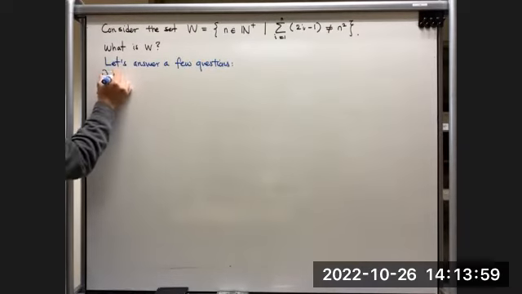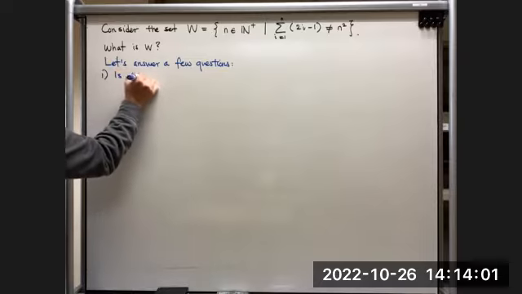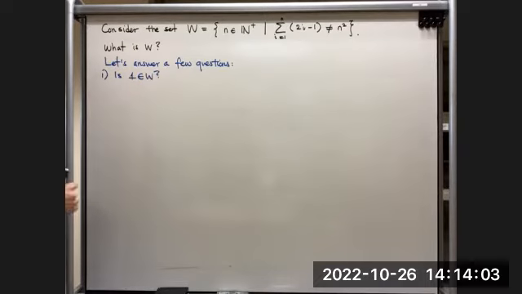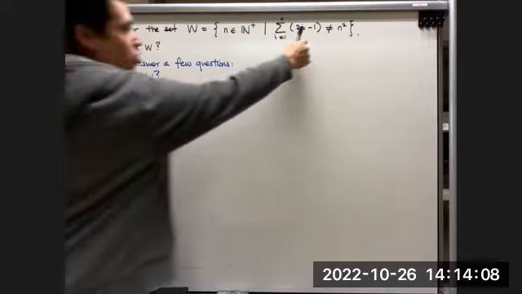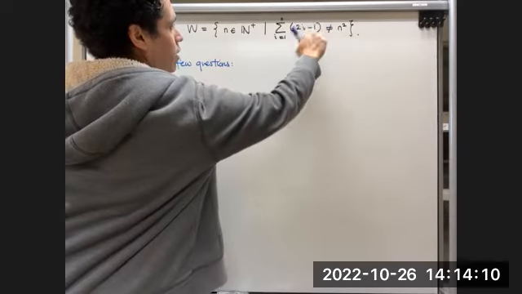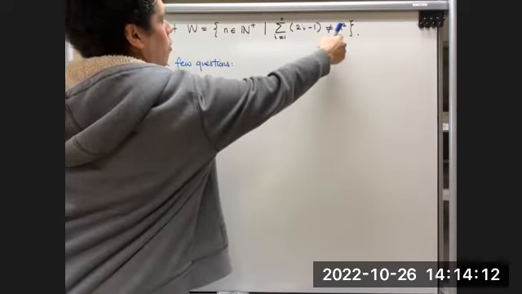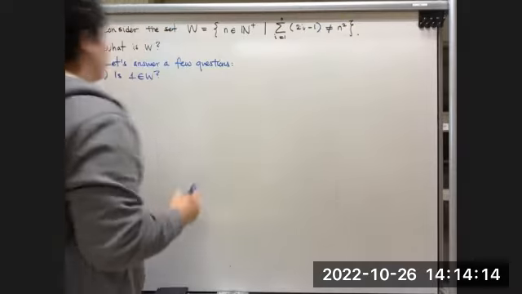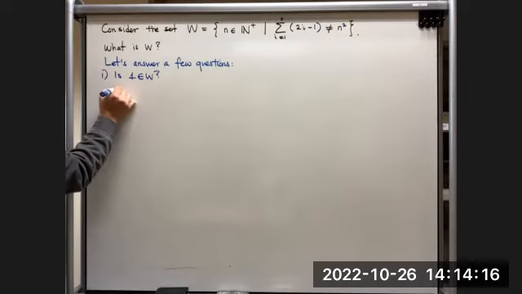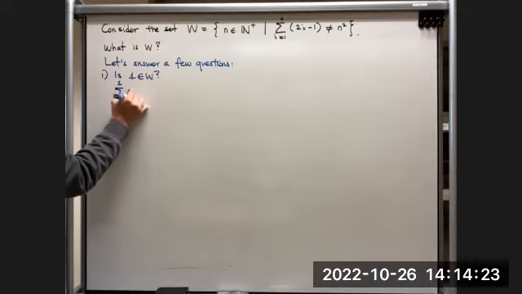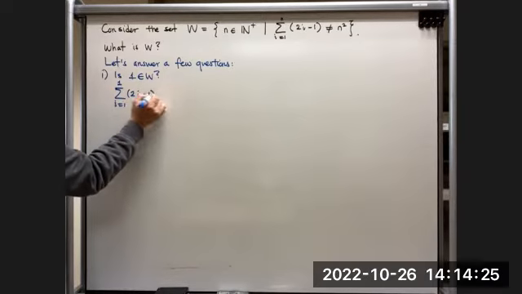The first one, well, is 1 in W? Well, there's only one way to test. We'll take this one, introduce it here, and then evaluate the truth or falsity of the statement inside. So what would that be? Well, suppose we have the sum from 1 up to 1 of the expression 2i minus 1.